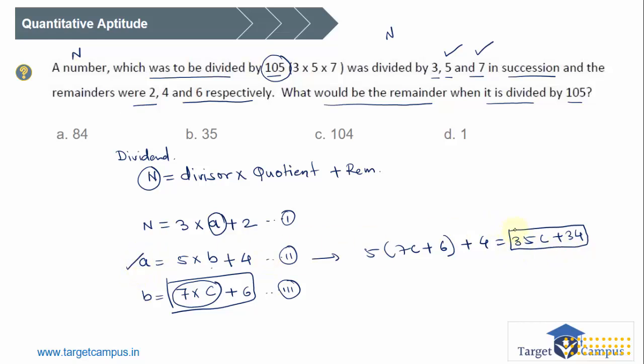Now let us put this value of a in this equation. I'm putting the value of a, which is 35c plus 34. So 3 into 35c plus 34, plus 2. What will be the final value? 35 into 3 is 105c, plus 3 into 34 is 102, plus 2 is 104.